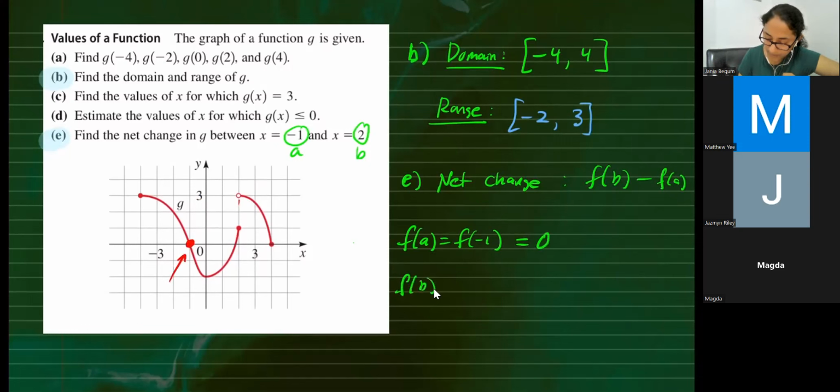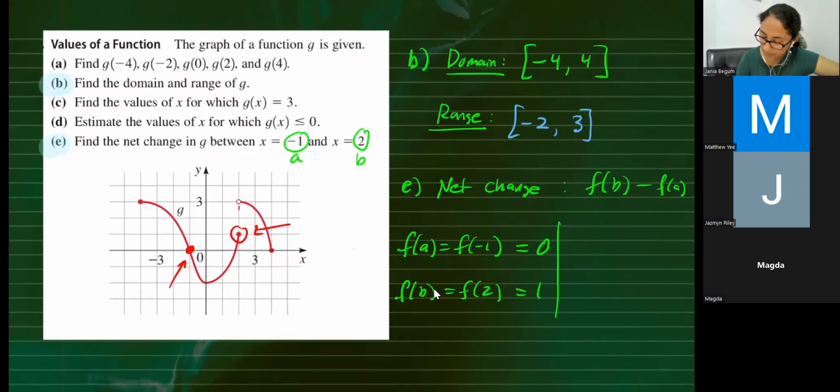And f of B is f of 2. So when x is 2, my y value is right here. That's going to be at 1. So my net change, you just plug them in. So it will be f of 2 minus f of -1, which is 1 minus 0. Well, that's just 1.